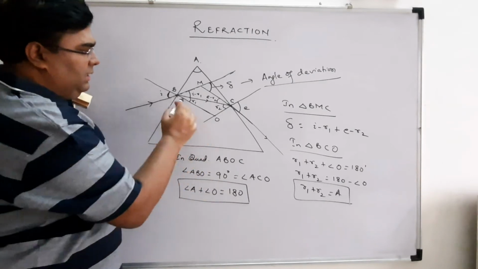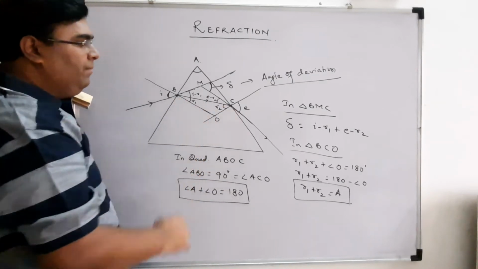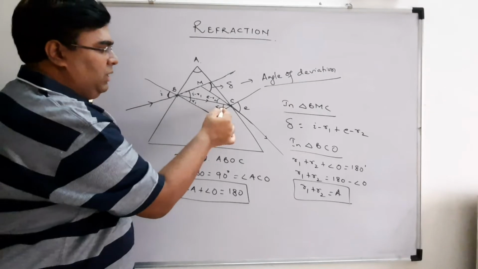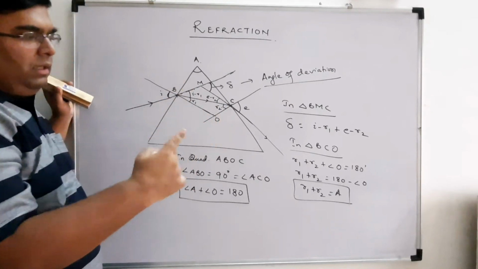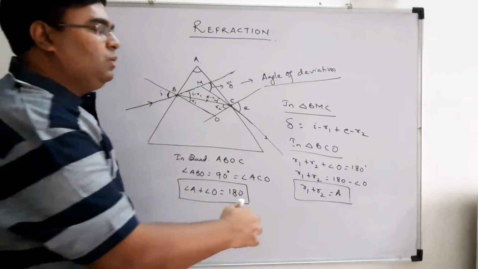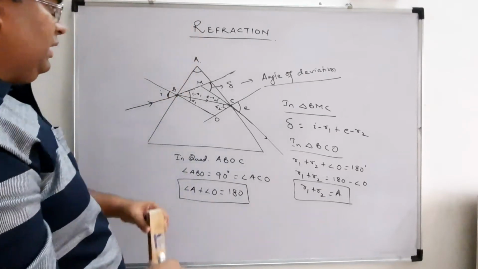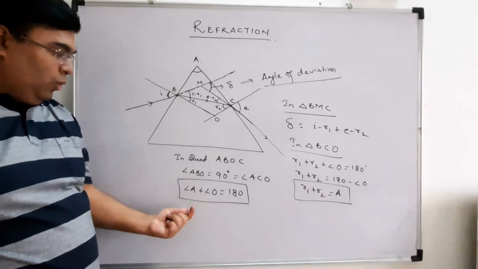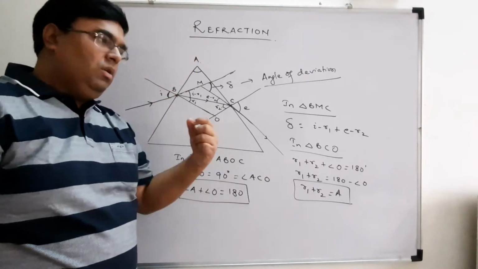Simple. In triangle BCO, the sum of interior angles of a triangle is 180, and we have already proved that angle O plus angle A is also 180.